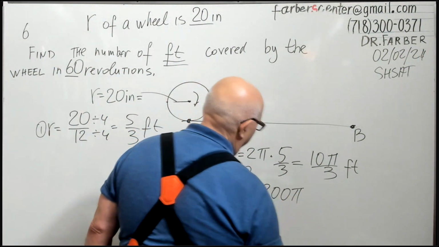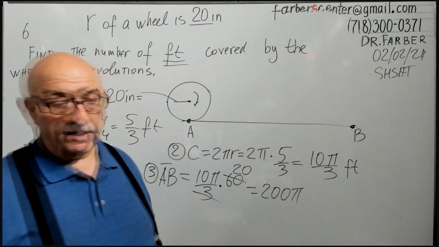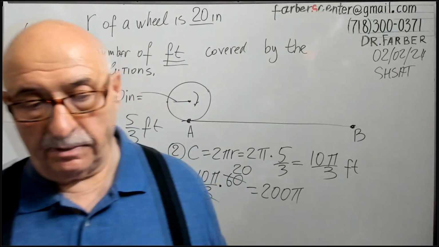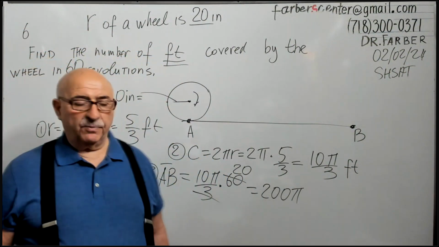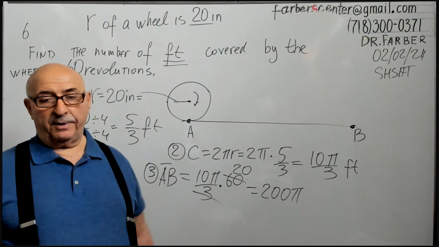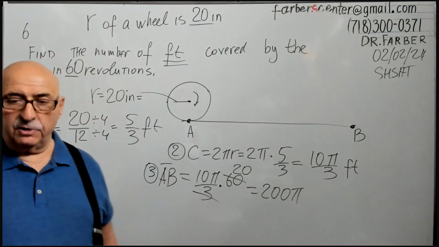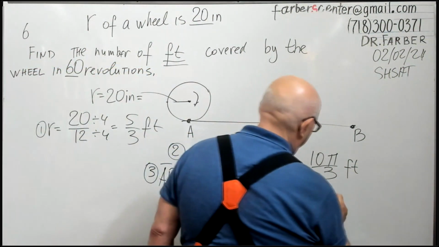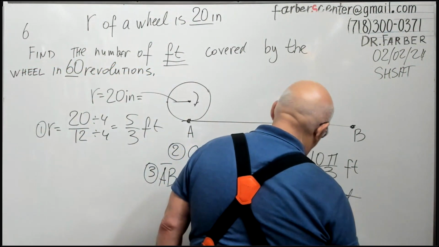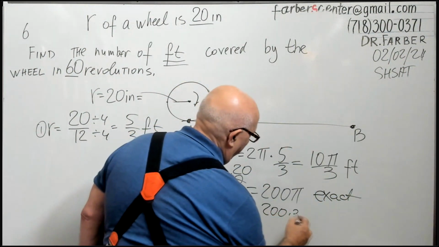In terms of pi. Keep in mind, student, very often we see answer in terms of pi, the same like on the test. If they ask you to find exact answer, this is exact answer, 200 pi. If they ask you on the test find approximation, you're supposed to do 200 times 3.14.